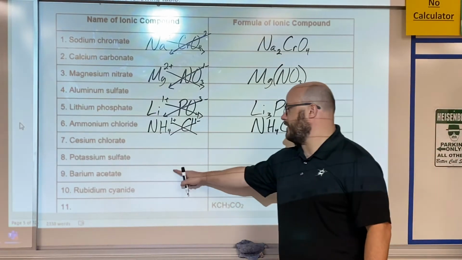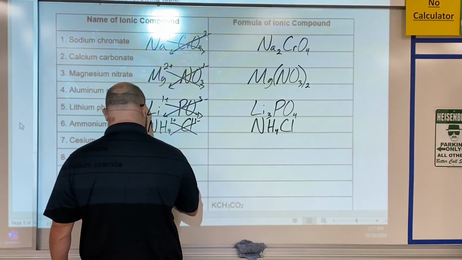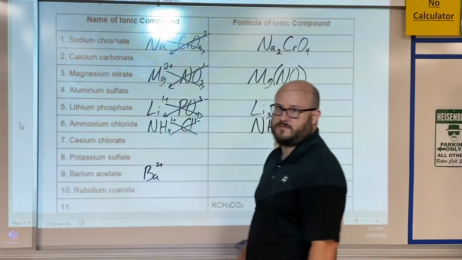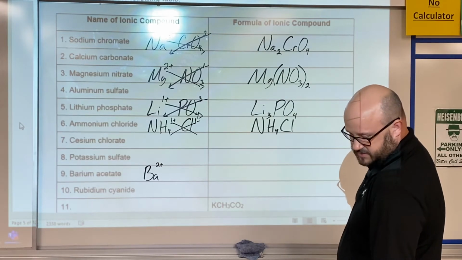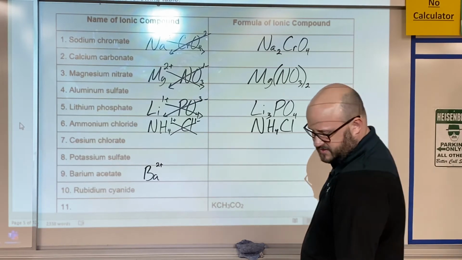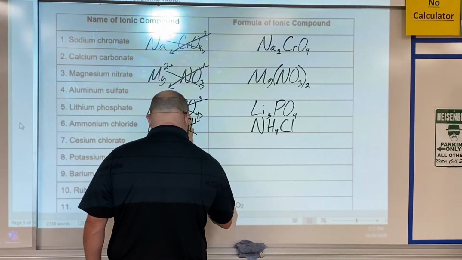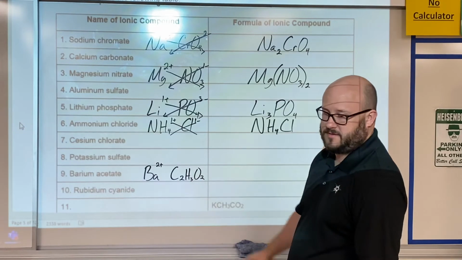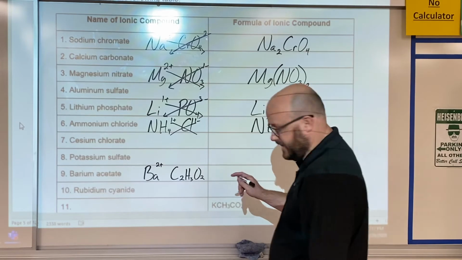Okay, last one, barium acetate. Barium is Ba, and it's in group 2, so it's going to have a 2+. Acetate, as you'll see, can be written multiple ways, but I like to write it C2H3O2. So we got 3 elements covalently bonded to form that ion. And it has a -1 charge.